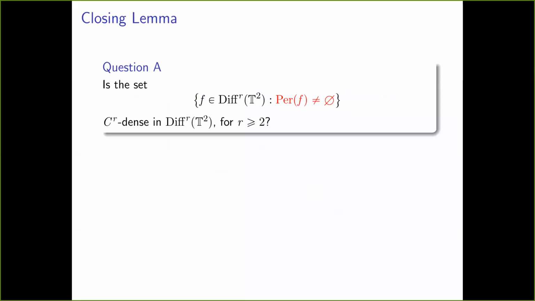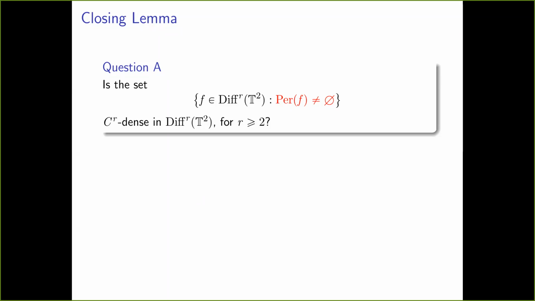We know in dimension 2, the only closed surface supporting periodic point-free diffeomorphisms is the torus, the only orientable surface. And the question is whether, even though there exist some diffeomorphisms without periodic points, it is true that the set of those diffeomorphisms with periodic points is C^r dense in the C^r topology.